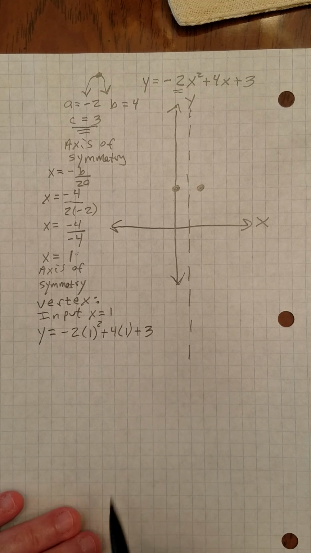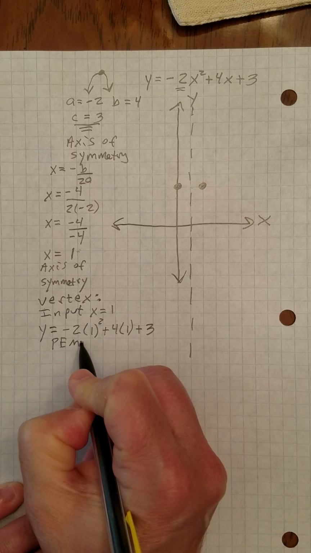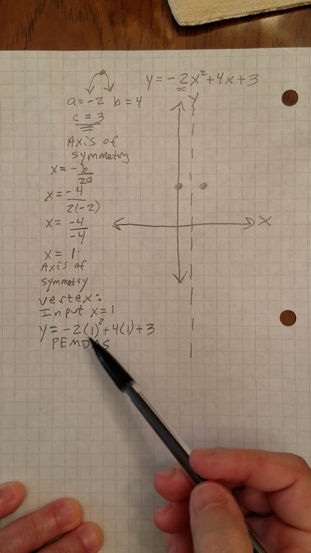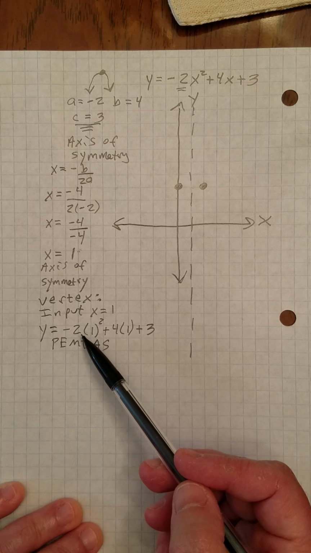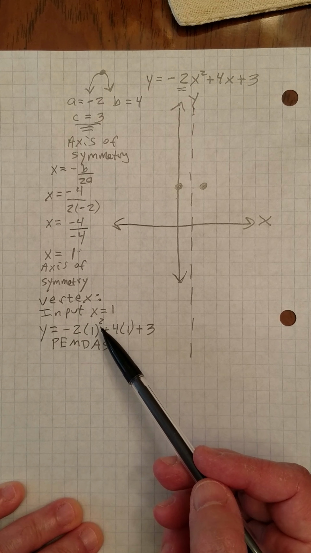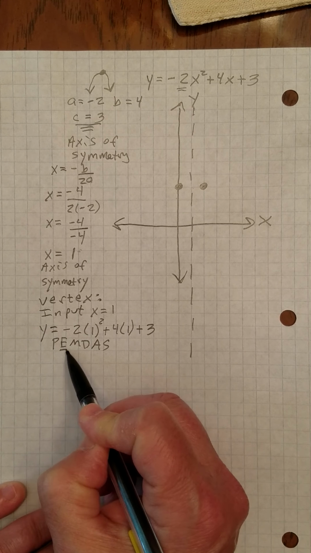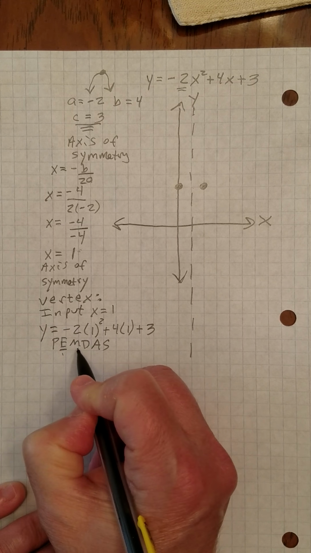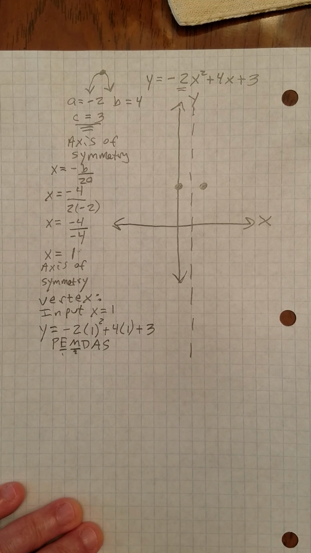All right, so now we've got to keep PEMDAS in mind. Got to follow PEMDAS. We got multiplication, -2, times an exponent. PEMDAS says you need to do that exponent first. That's the first thing we're going to do. The second thing we're going to do is multiply.